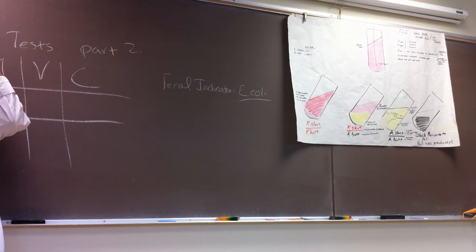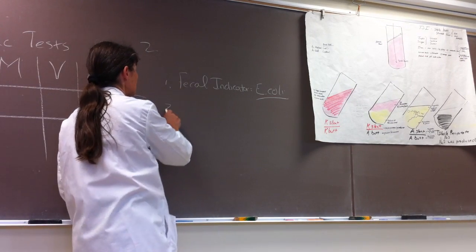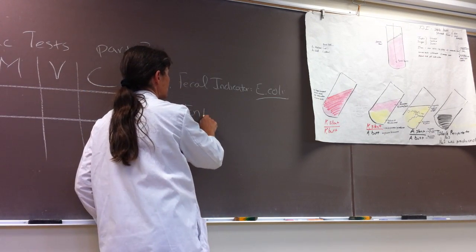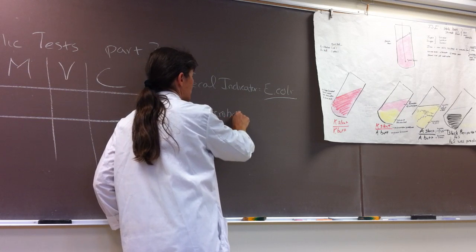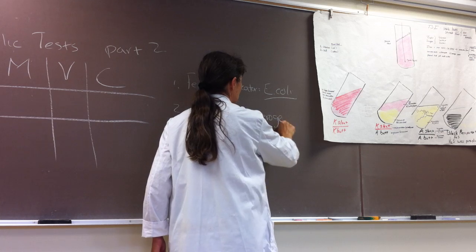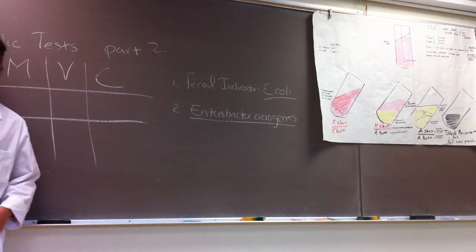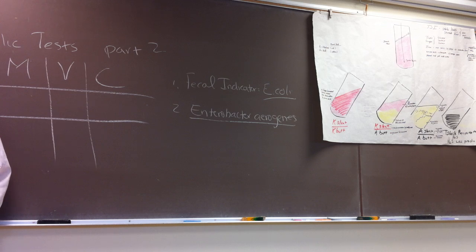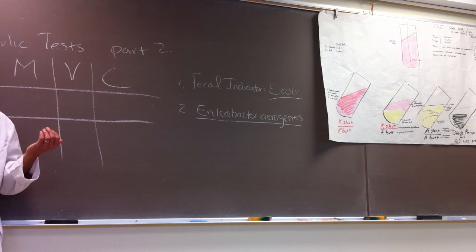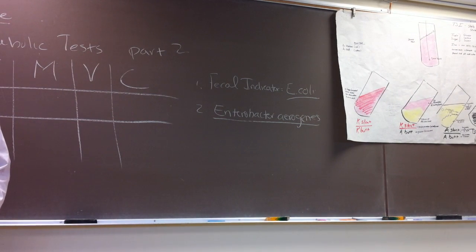Now the problem is E. coli has many cousins, and one of them, a close cousin, is called Enterobacter aerogenes. Enterobacter aerogenes belongs to the same family as E. coli, the Enterobacteriaceae. It's a gram-negative bacterium, it's motile, it's oxidase negative, it ferments lactose with gas production. It looks really similar to E. coli. But the natural history of Enterobacter aerogenes is different.